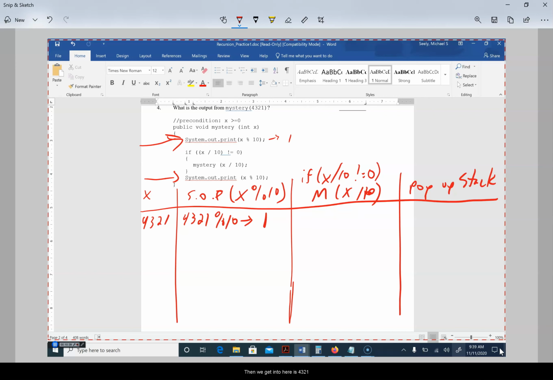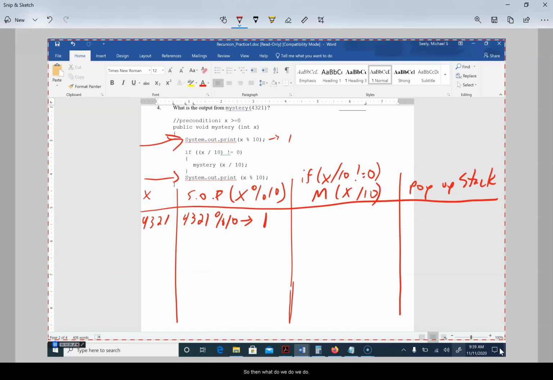Then we get into here: is 4,321 divided by 10 not equal to 0? That is true because remember it wouldn't be 0, okay? Because 10 doesn't go into this evenly. So then we've got, and this is written out bad. Let me write that out again so it looks a little bit better and more clear.